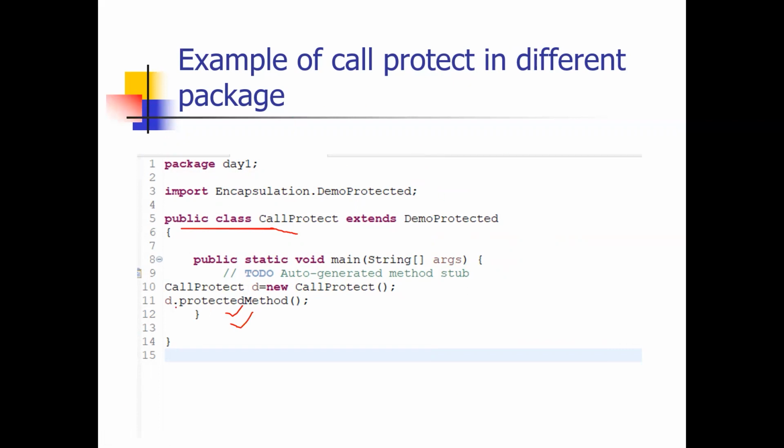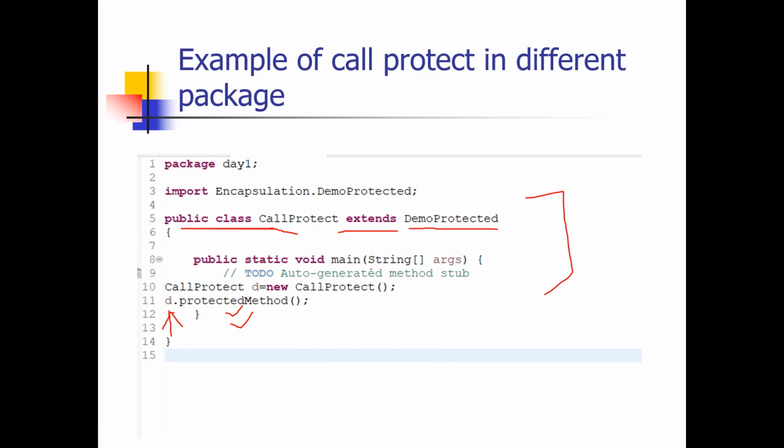Java understands this D dot protected method. Java understands that D is the object of the call protect class. It will jump to the call protect class, and whatever is inside it will run. But if nothing is inside it, meaning the protected method is not there, it will get confused. I will show the error. But if you use the extends keyword, then it understands that call protect has a relation with the demo protected class.